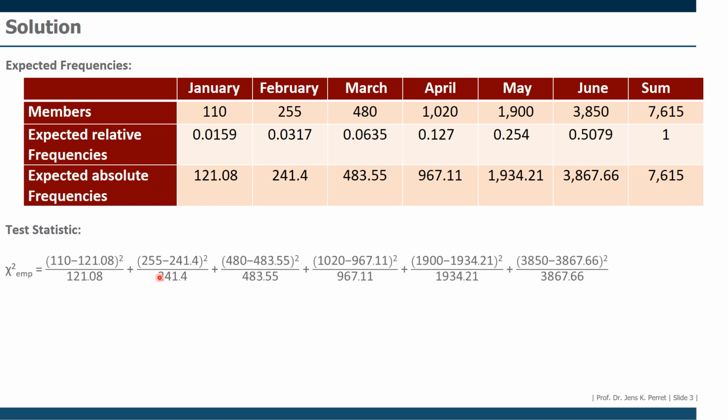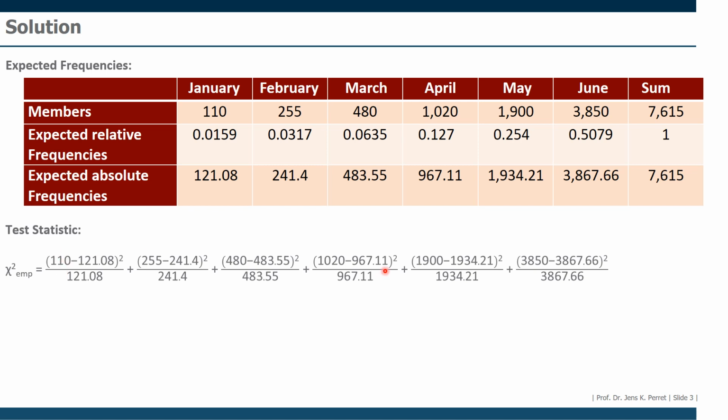Maybe at some point you've seen a slightly different formula where in the upper part, here in the brackets, the actual and the expected frequencies are the other way around. However, this doesn't matter since we square the result. So the end result will be exactly the same. So it doesn't matter if up here they are the other way around, but you have to take care down here, it needs to be the expected frequency.